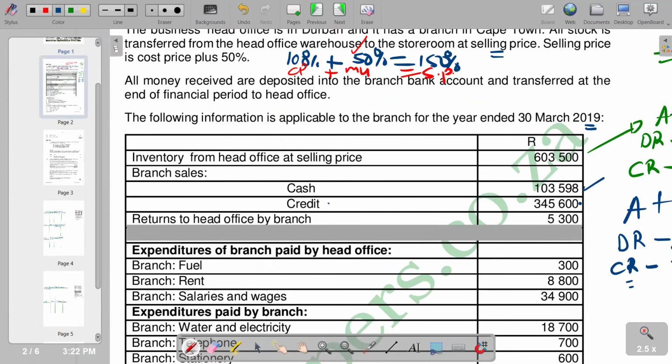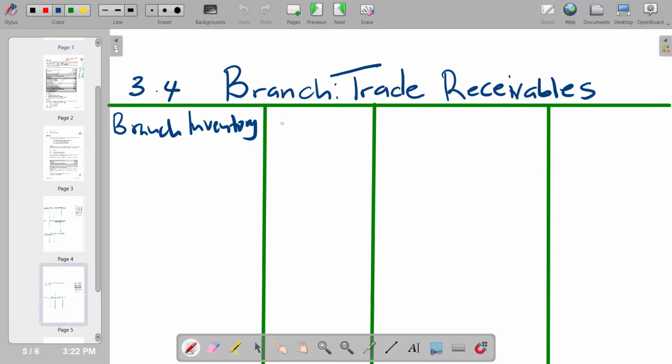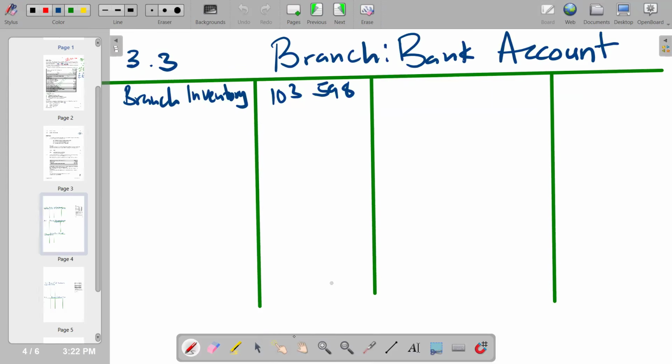So that is what we have on that part. I remember it's supposed also to be credited to the branch inventory account. So we go to the branch inventory account.